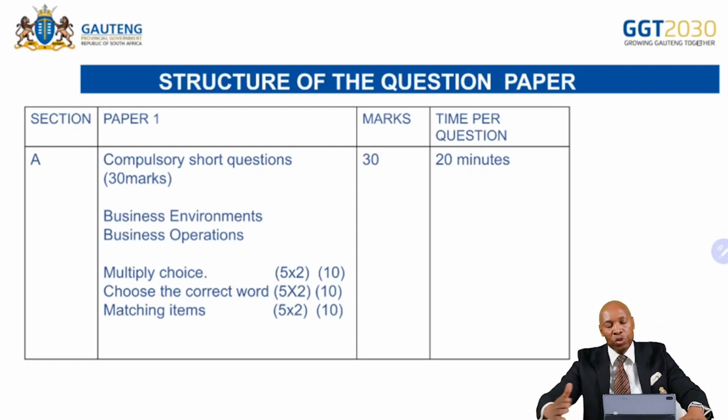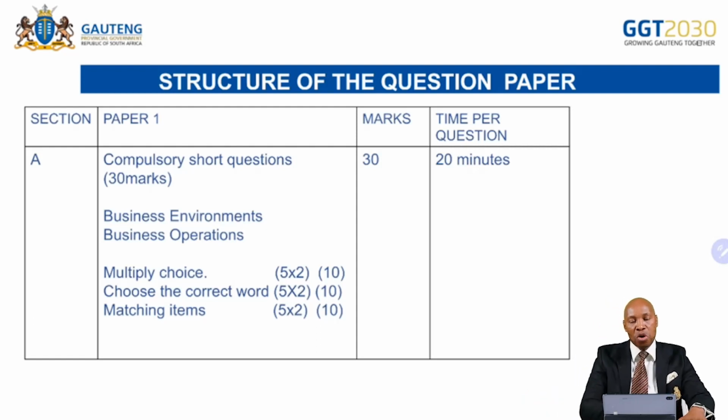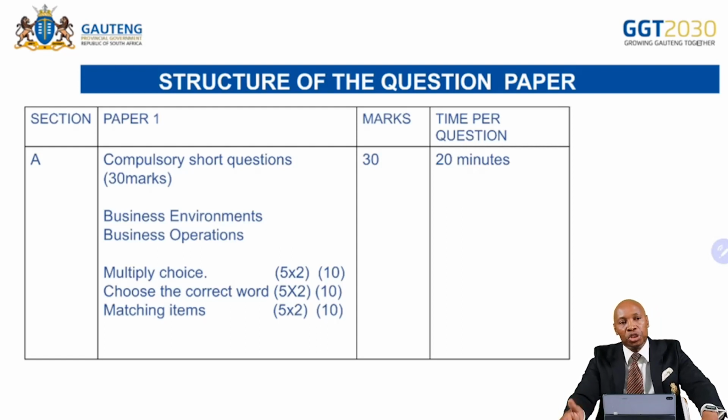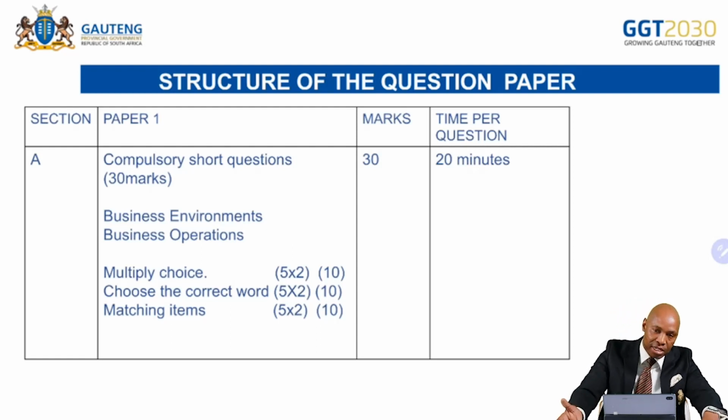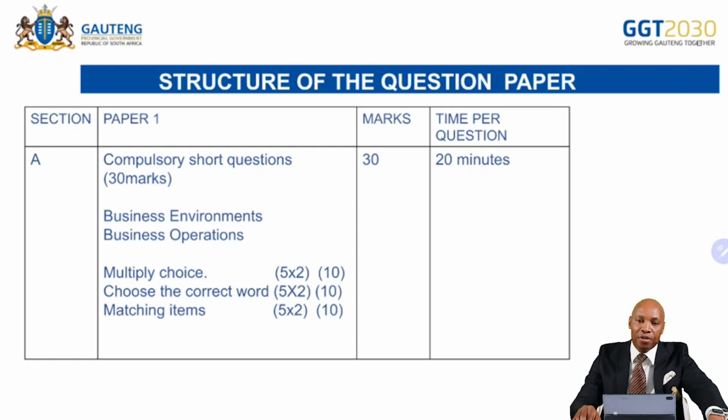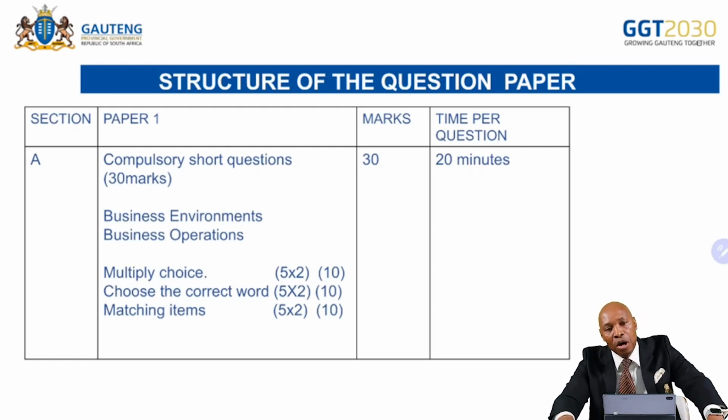But then, candidates, we will break it further to know what the subtopics of business environment are and what the subtopics of your business operations are. Now your section A has multiple choice for 10 marks. Those multiple choice questions are coming from the 5 subtopics of your paper 1.